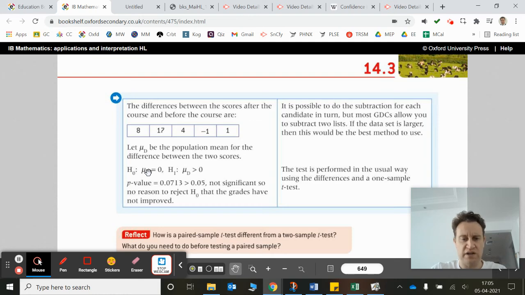And so let's put in those values. Let's go 8, 17, 4, minus 1, and 1. So those are our differences. And we're going to go statistics. We're going to do a stats test. We're going to take the t-test. So we just need a regular t-test. And we're going to input the data.